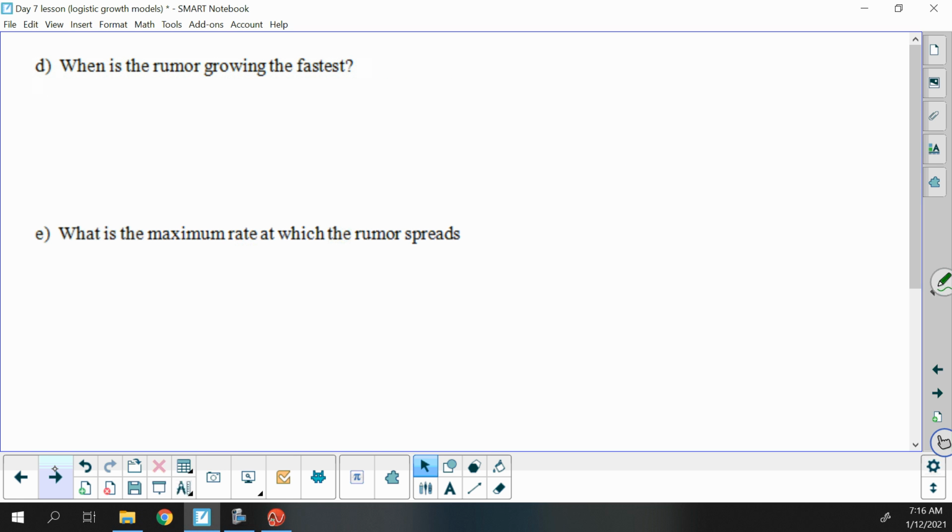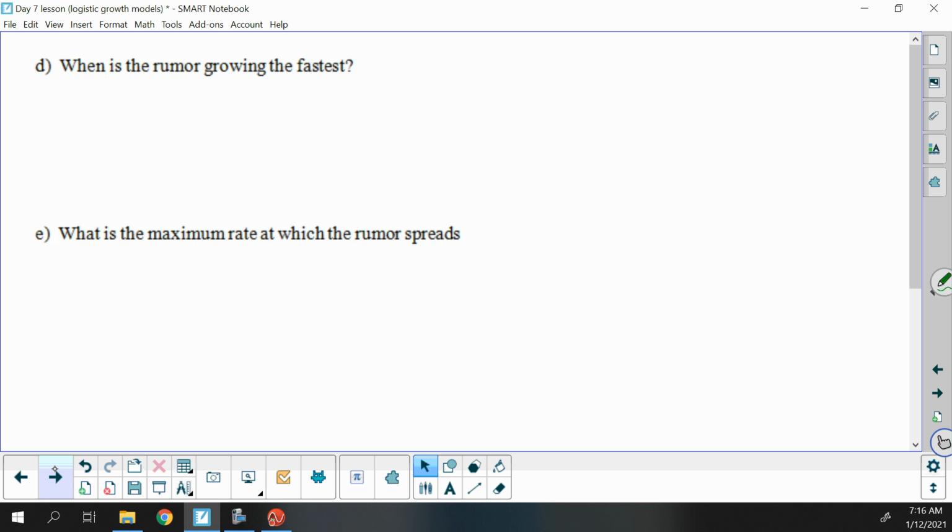So next one, when is the rumor growing the fastest? You'll probably want to write kind of small here because we will have a bunch of work. So if we want to know when the rumor's going the fastest, we want to know when is the maximum of our differential equation.